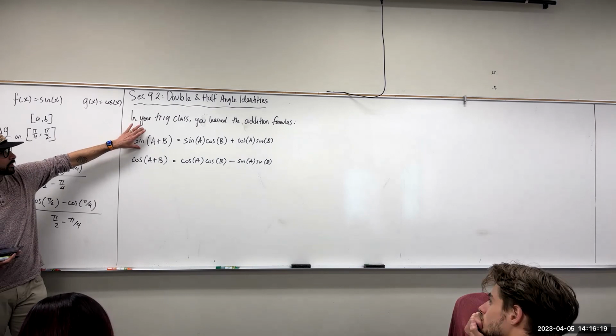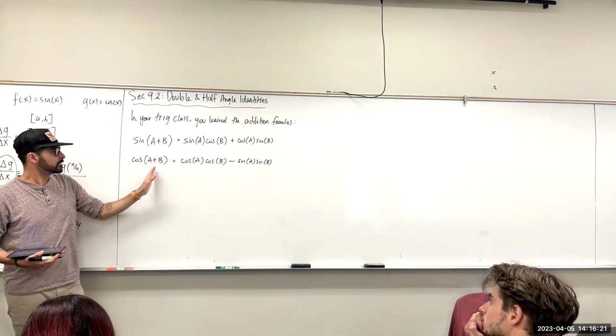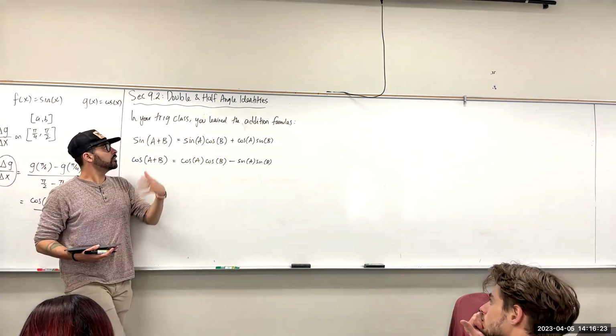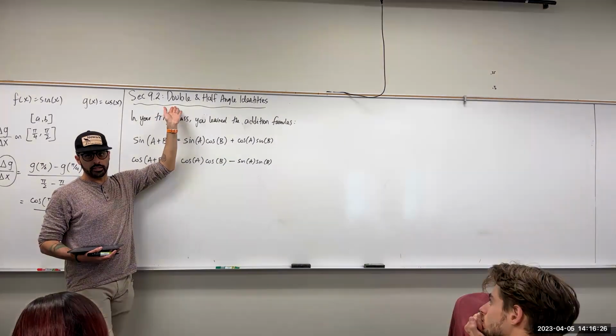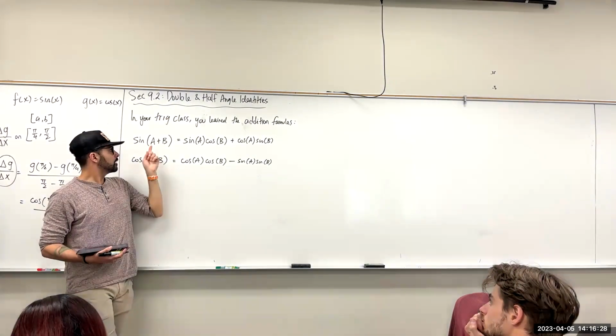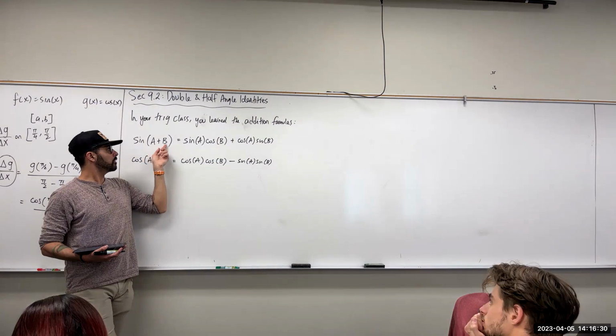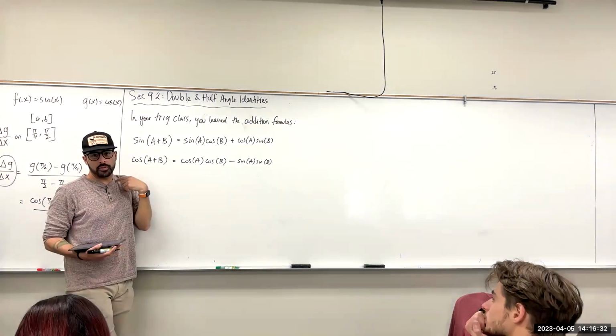So you derive these addition identities, but to get your double identity, to get the angle 2A, this means I'm adding A twice.